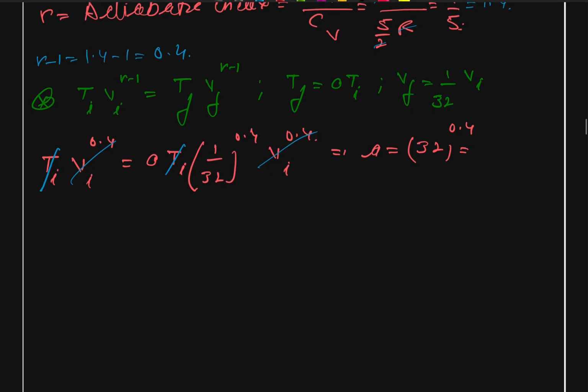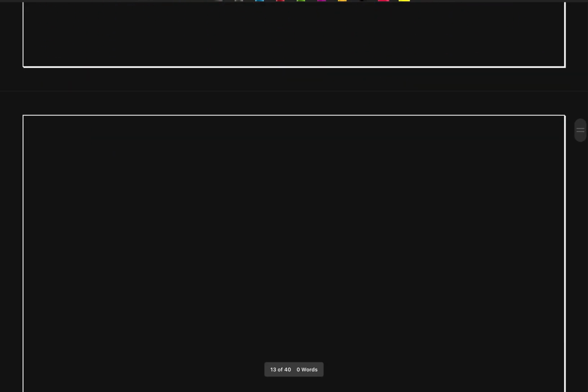We can write this as 2 raised to power 5, whole raised to power 0.4, and therefore A will be equal to 2 raised to power 5 multiplied by 0.4, which comes as 2 raised to power 2, giving us the value of A equal to 4. Next question.